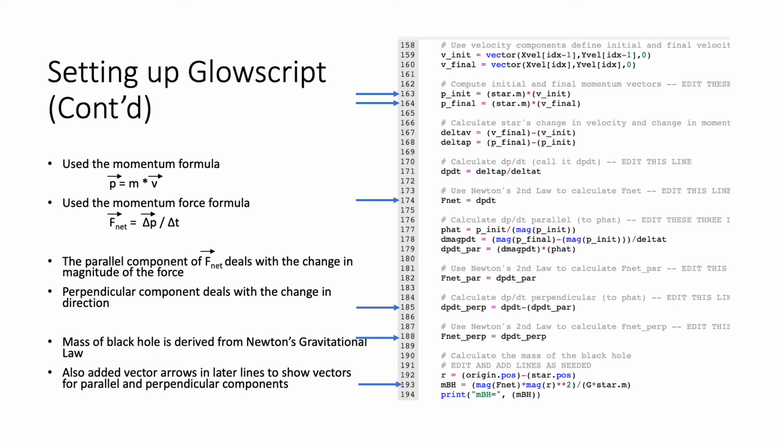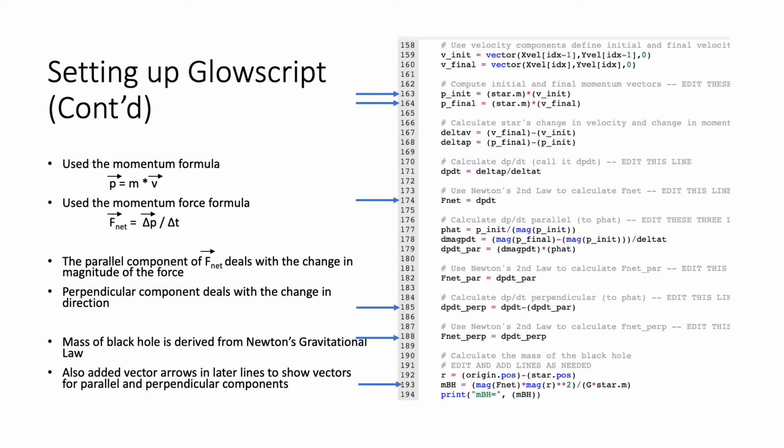So to continue to set up GlowScript, to compute the initial and final momentum vectors, we use the momentum formula. We were also able to find the net force by using the momentum principle, which is the net force is equal to the change in the momentum vector divided by the change in time. We were able to calculate the parallel components and the perpendicular components of this force.